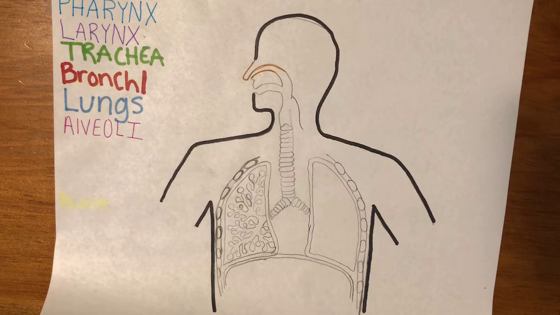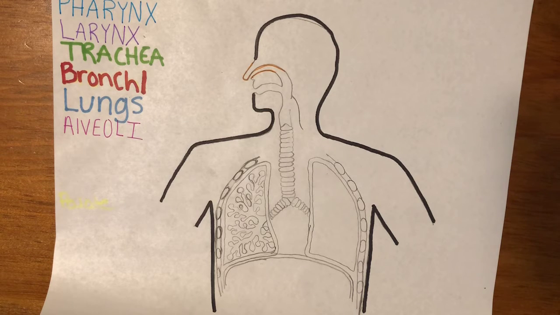The walls of the nasal cavity are uneven and covered in 3 mucus-covered lobes called conchae, which increase the surface area of mucosa exposed to the air and also increase air turbulence in the nasal cavity.